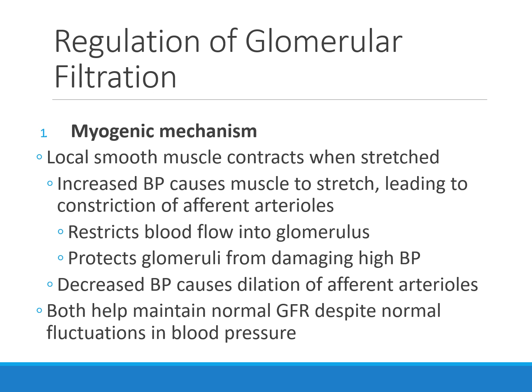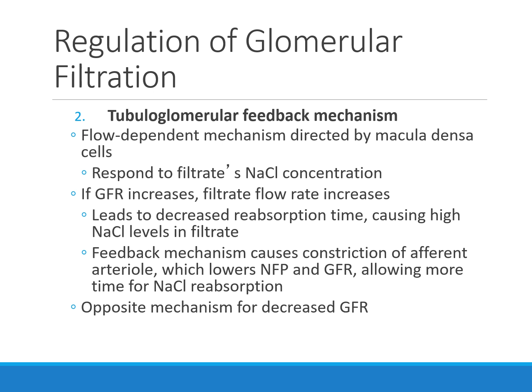So if you don't check your blood pressure and keep it in its normal range, if that blood pressure comes up to the glomerulus too high, it literally blows out that glomerulus. Decreased blood pressure causes dilation of the afferent arterioles, and so those two things together help to maintain that normal GFR that I was talking about, despite the constant fluctuations in your blood pressure.